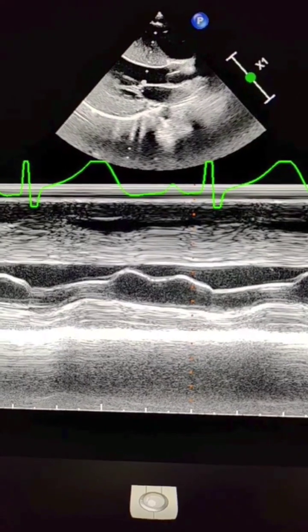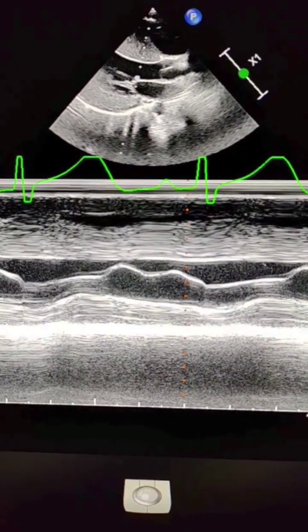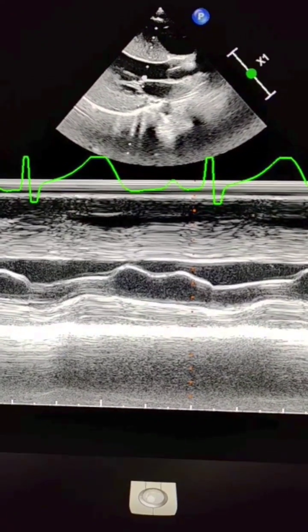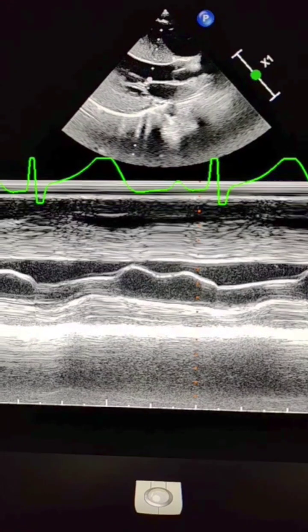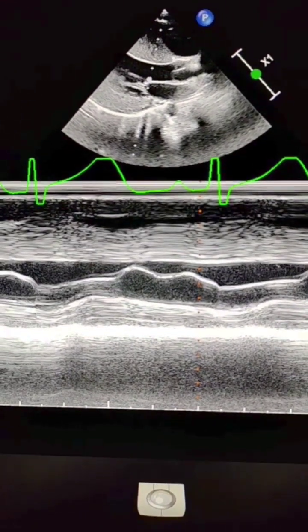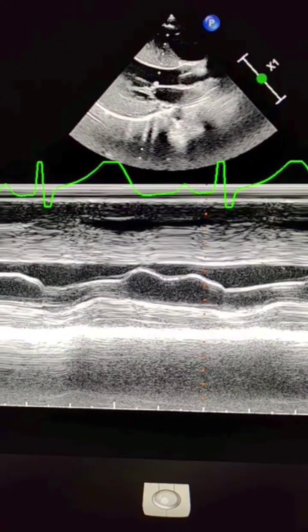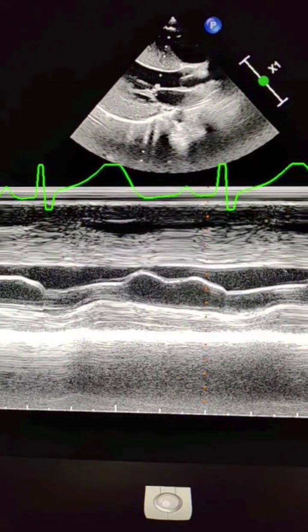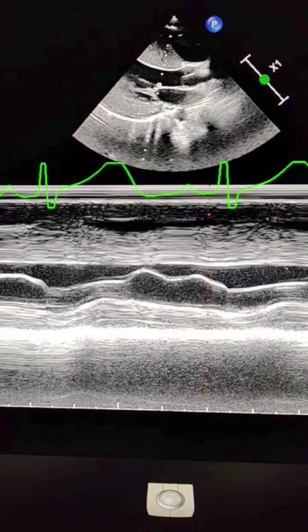Grade 1 is when the distance between the IVS and mitral wall is more than 10 mm. Grade 2 is less than 10 mm, and grade 3 is the mitral wall touching the IVS for more than 30% of systole. Here it is not touching, but less than 10, so it is a grade 2 SAM.